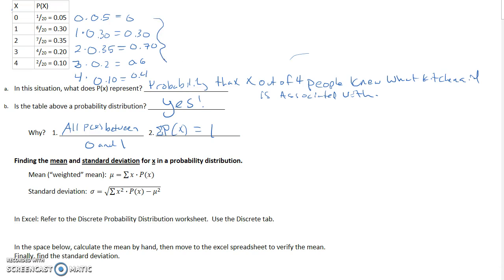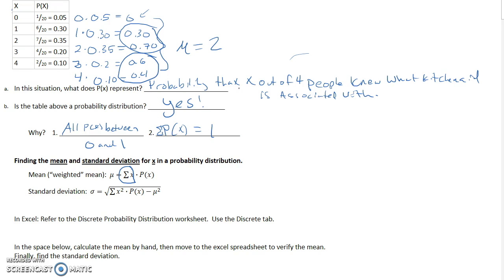Now, remember in our formula, it says add them up. So we're going to take the sum of these. 0.3 plus 0.7 is 1. 0.6 plus 0.4 is also 1, and then we've got a 0, which is not going to change anything. So this is 1 plus 1. The mean of this probability distribution is equal to 2.